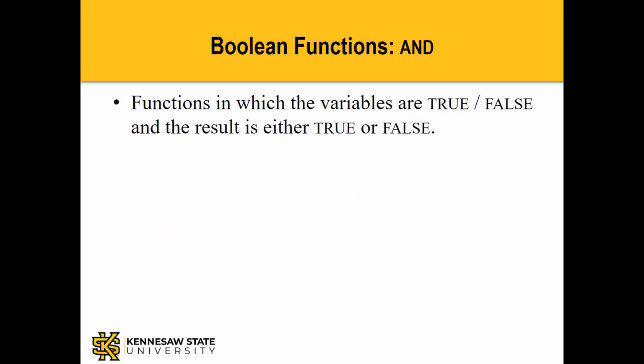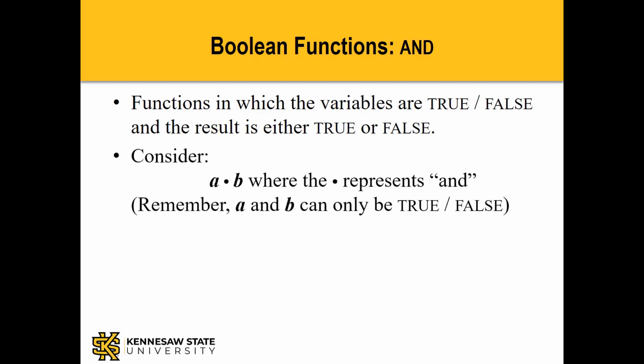Let's introduce the concept of a Boolean function, and we'll start with the AND function. Boolean functions are those in which the variables are either true or false, no other possibilities, and the result is either true or false. Consider A dot B, where that center dot represents AND, and remember the variables A and B can only be true or false.